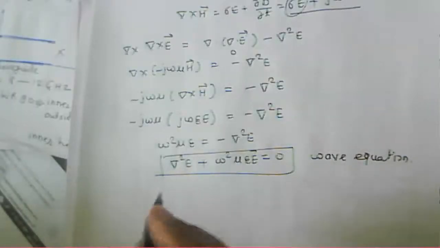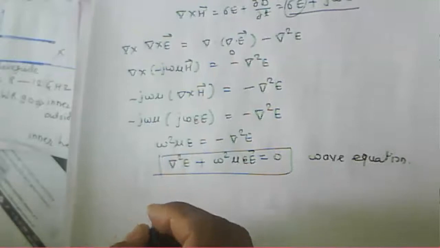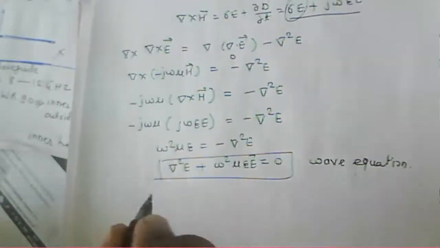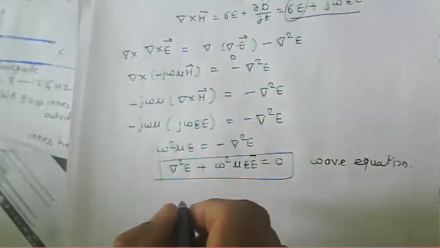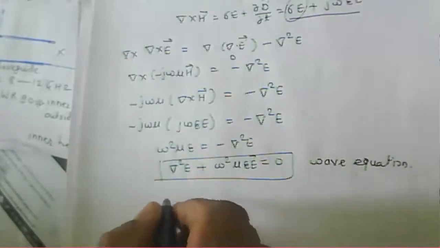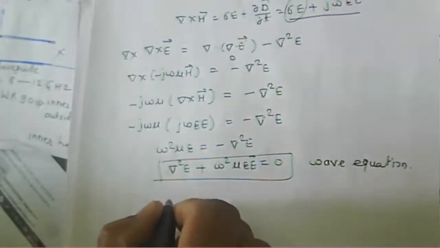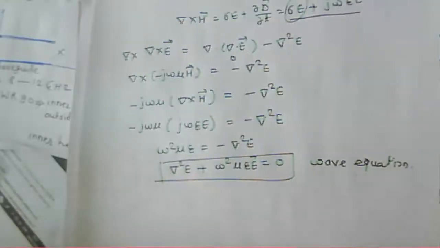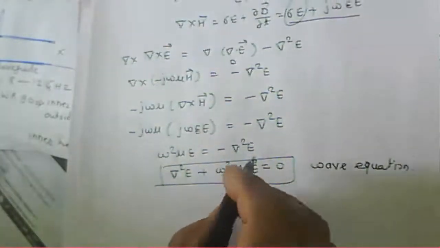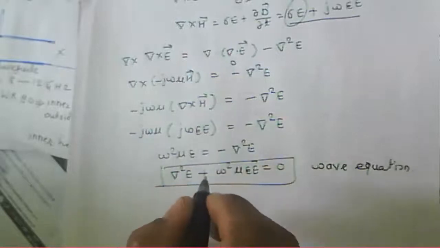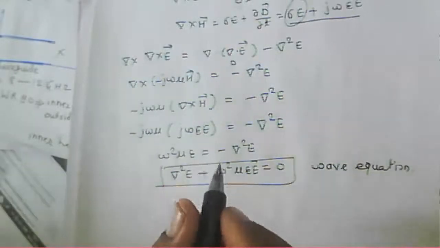Now we can consider the wave equation in terms of the electric field, or the wave equation in terms of the magnetic field. We can solve it either way, and ultimately the solution is what we get: a wave equation in terms of the electric field or the magnetic field.